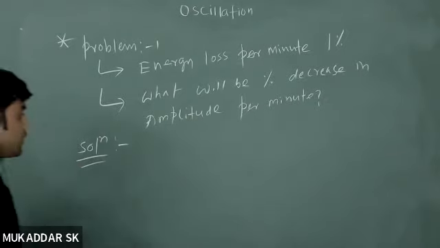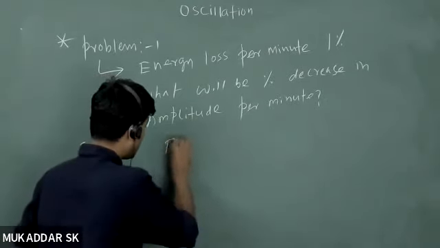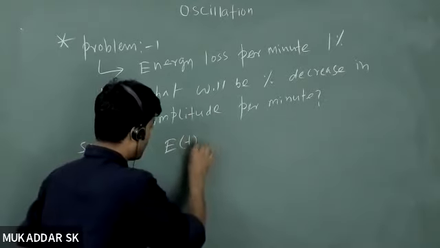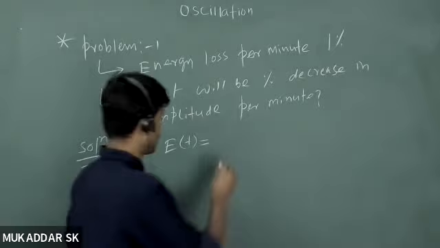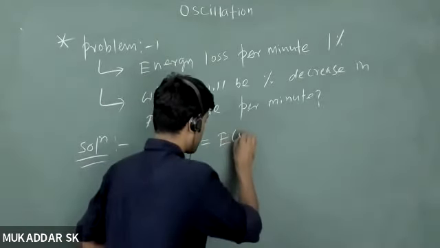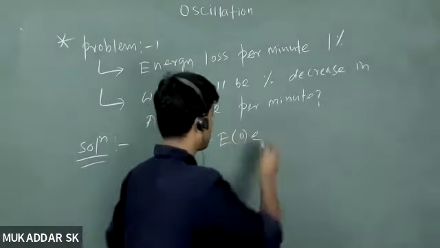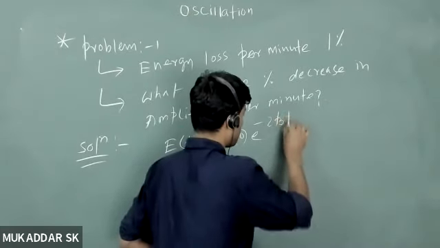Okay, so we know that relation. If you remember, the energy stored as a function of time is E naught exponential minus twice beta t.